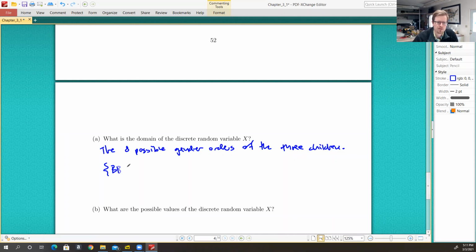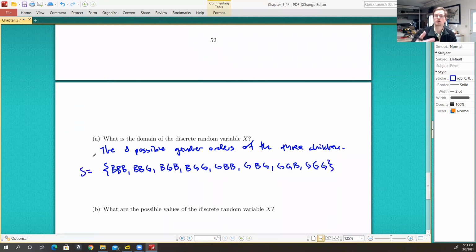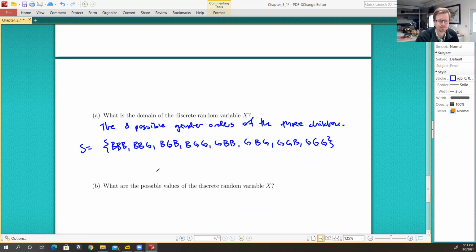So they could have boy, boy, boy, boy, boy, girl, boy, girl, boy, boy, girl, girl, girl, boy, boy, girl, boy, girl, girl, girl, boy, and then finally girl, girl, girl. Right, so that's our sample space. That is the domain of our random variable X.